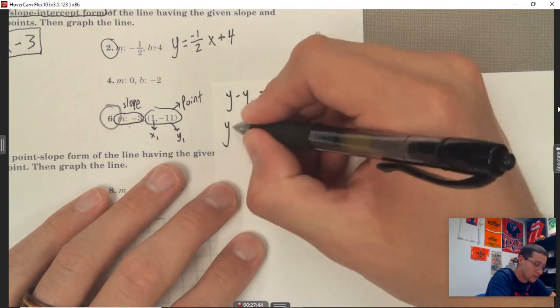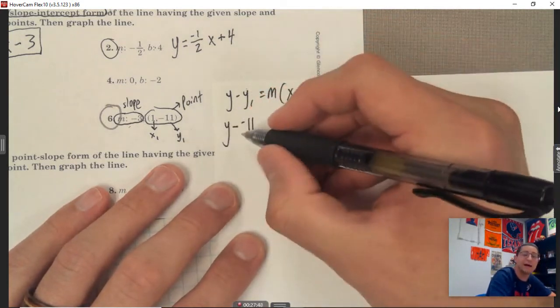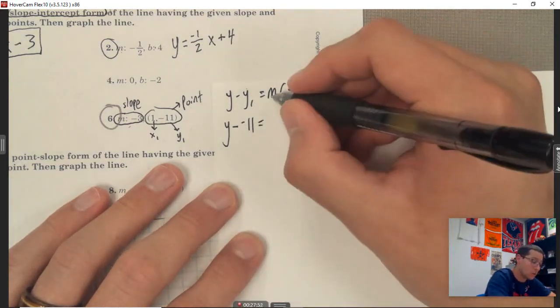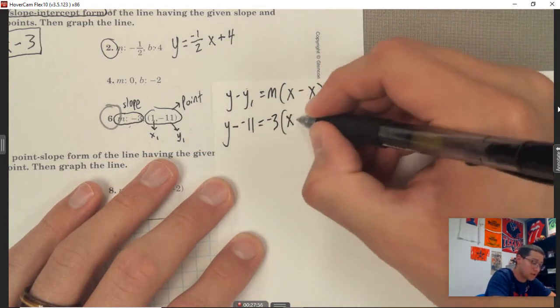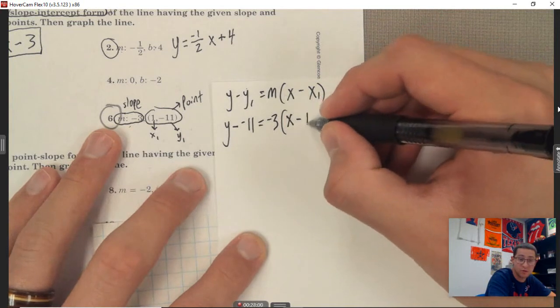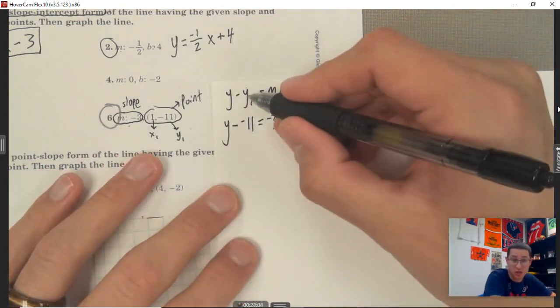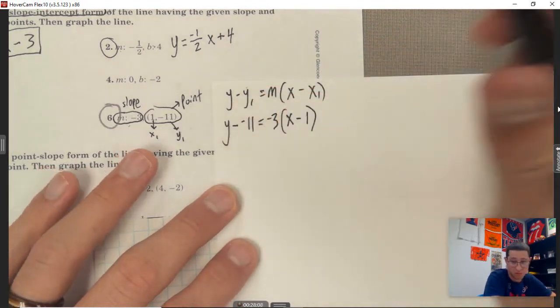So anyways, here we go. Y minus y1. Well, what is your y1? It's negative 11. It's that double negative thing again. That's okay. Equals negative 3 times x minus 1, because that's your x1. So we're just plugging everything in. I just took y1. Negative 11. Double negative. That's all right.